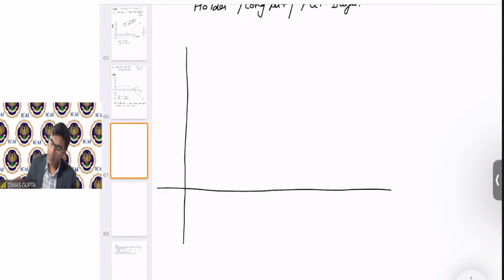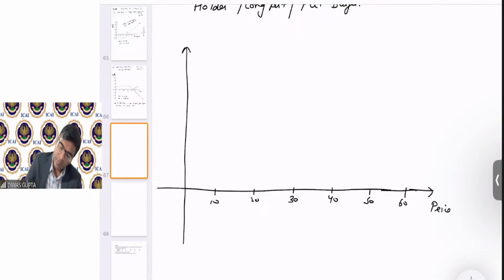So these are the prices again. These are the payoffs.